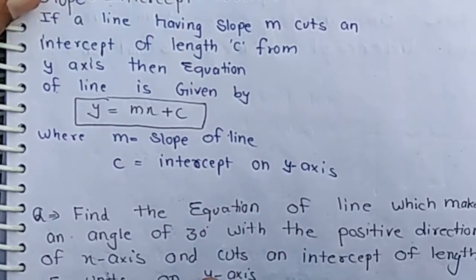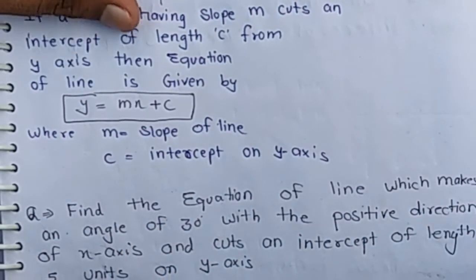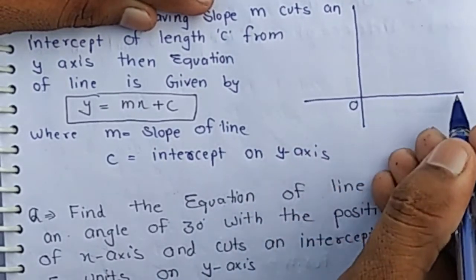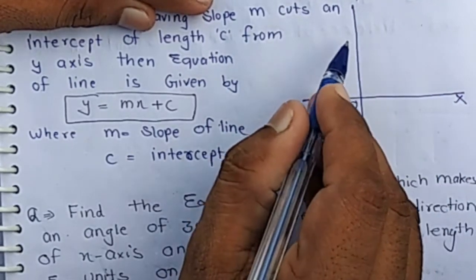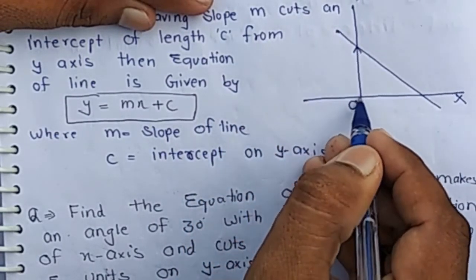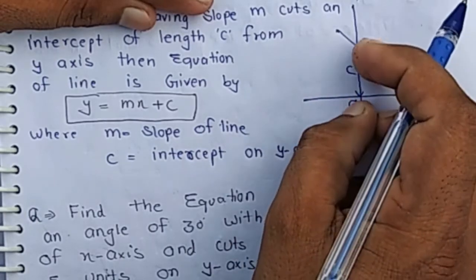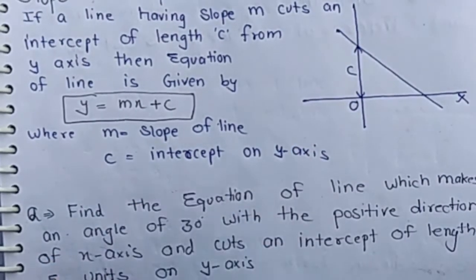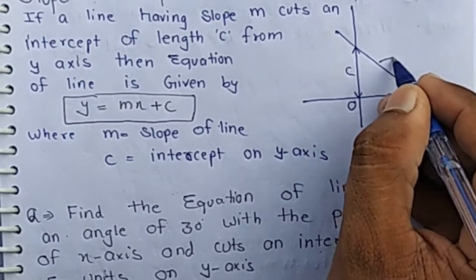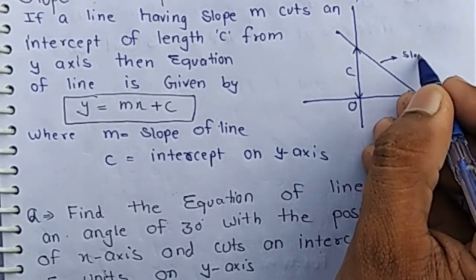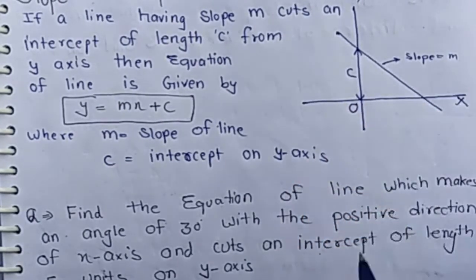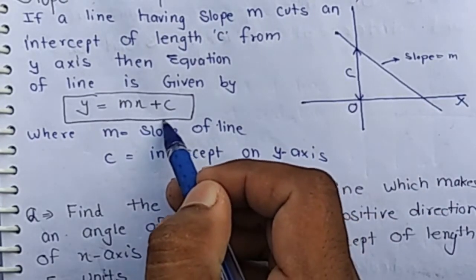That is, if a line, suppose it is on the x-axis, y-axis, if a line cuts an intercept of length c on the y-axis, and the slope of this line is m, then the equation of the line is y equal mx plus c.